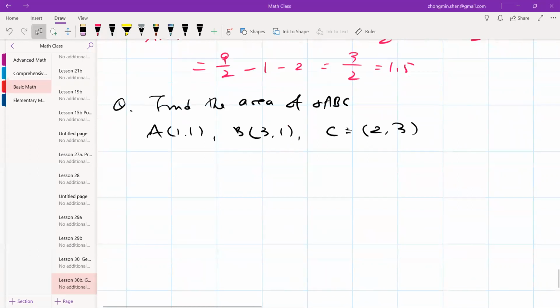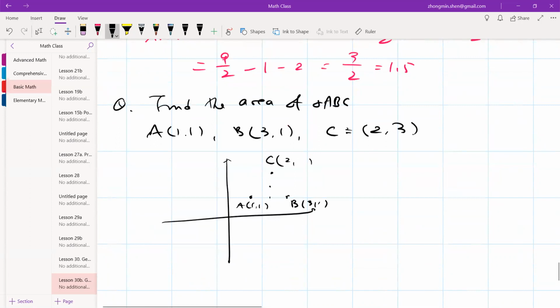I think it's 2. Yeah, so draw the picture, right? And you put A here, that's (1, 1). And B is 1, 2, 3, that's B. C is 2, 1, 2, 3. So what you get is a triangle. It's in a good position.